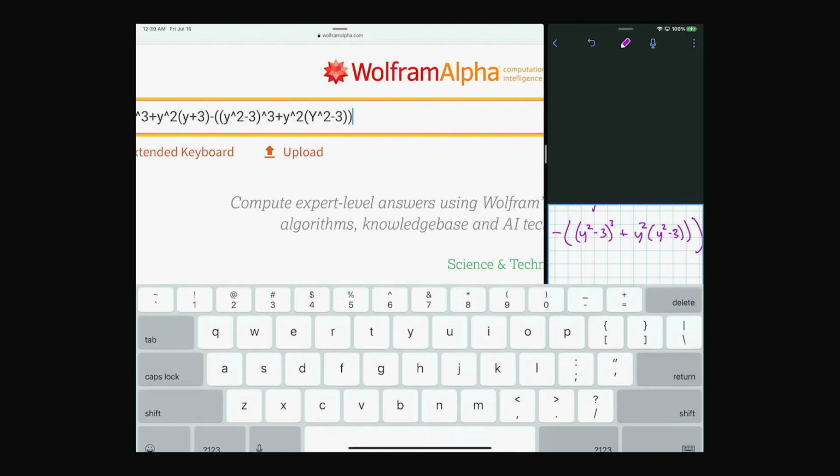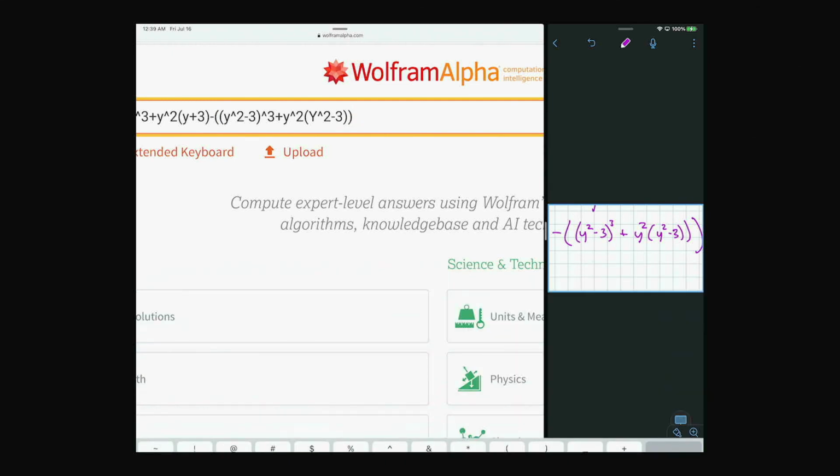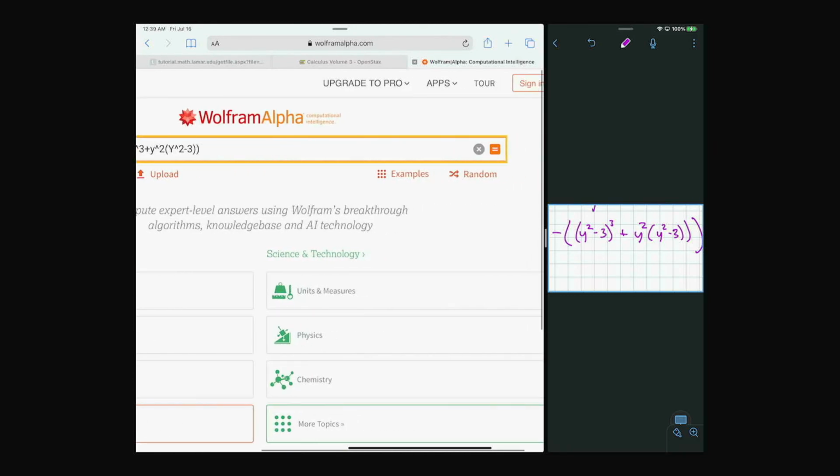It does highlight when I got the parentheses where they go. Maybe that's because it's an iPad, I don't know. Okay, so I typed that all in and equals.